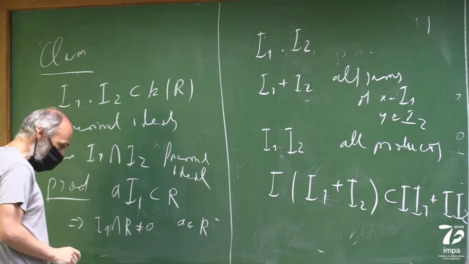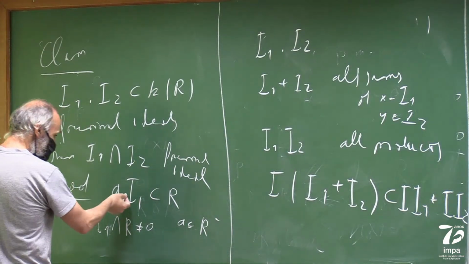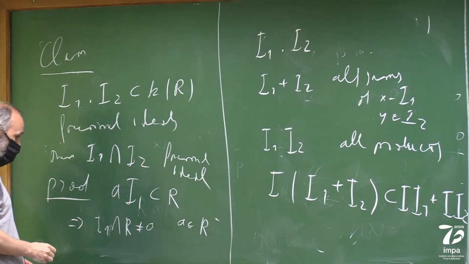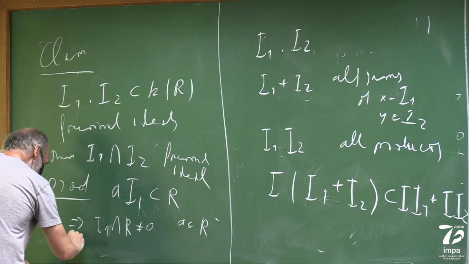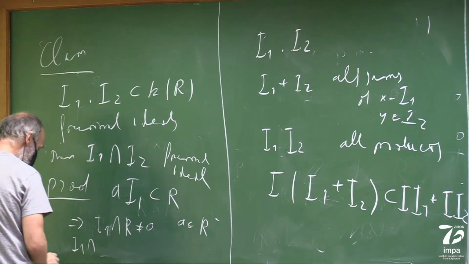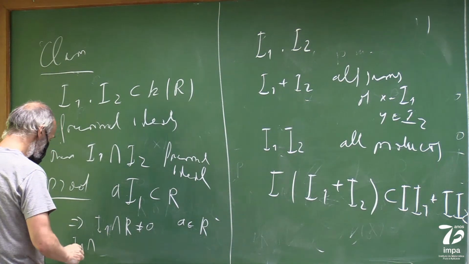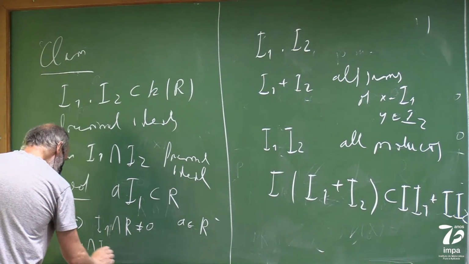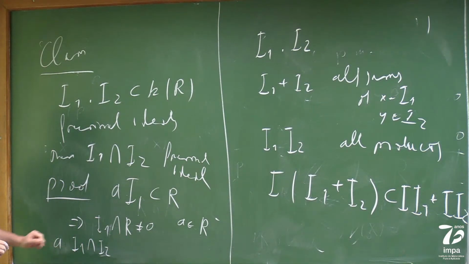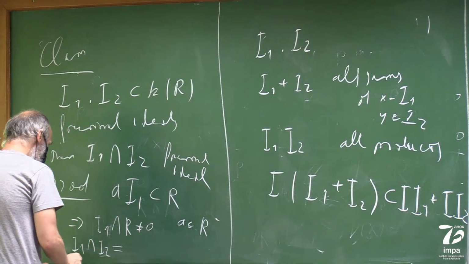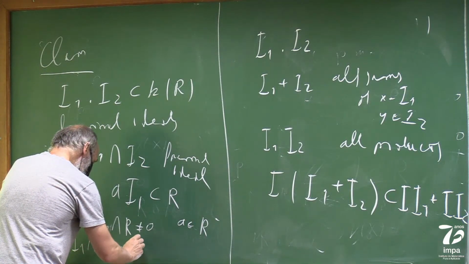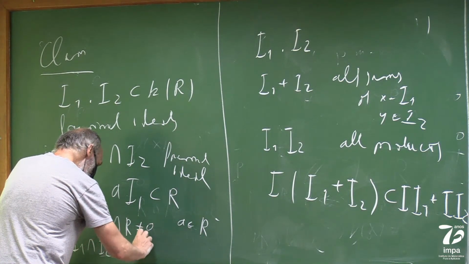Now you have this ideal. You multiply I1 intersected with I2 by A.